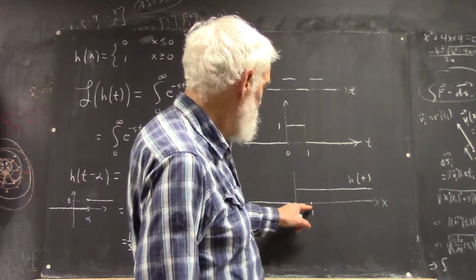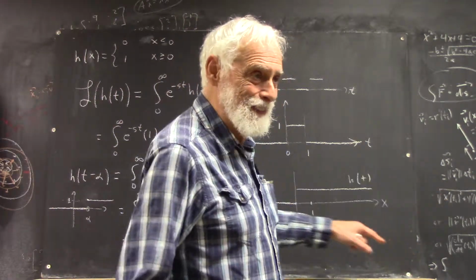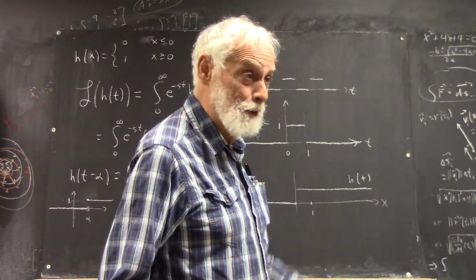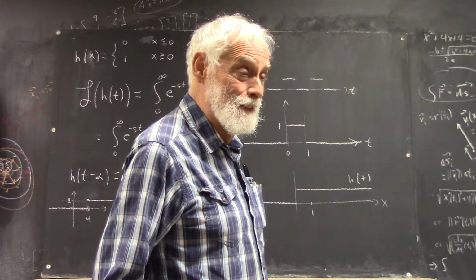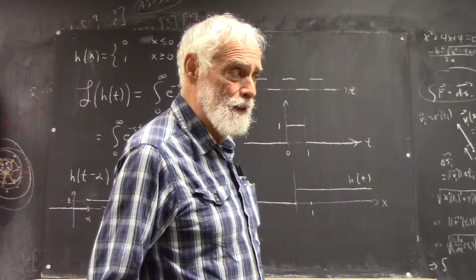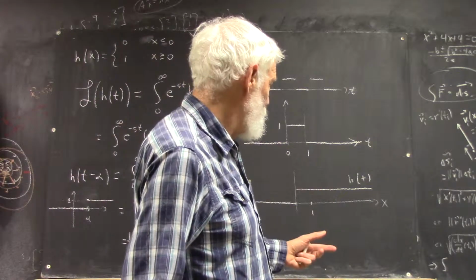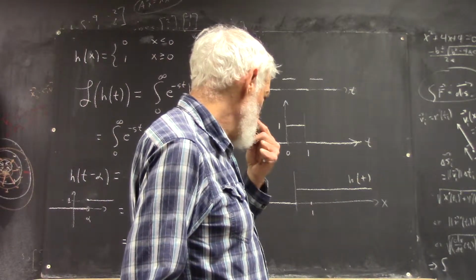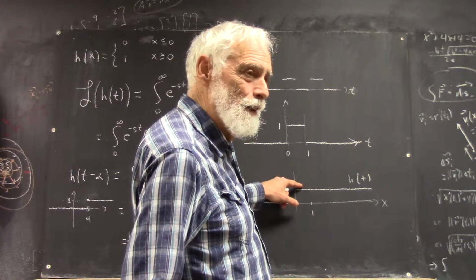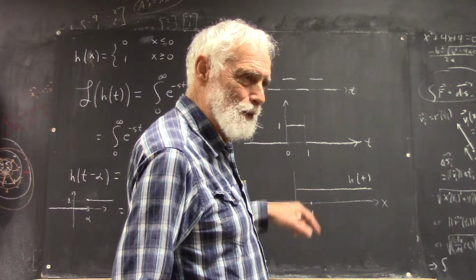Well, if you shift it from here to here, it's still 1, right? From here on, it's not 0. Shifted right and down? If you shift it down, then it's not going to be 1 over here, so when you multiply it by this, it's not going to work, right?